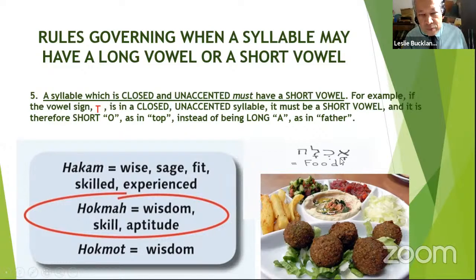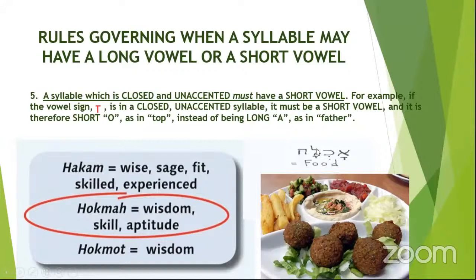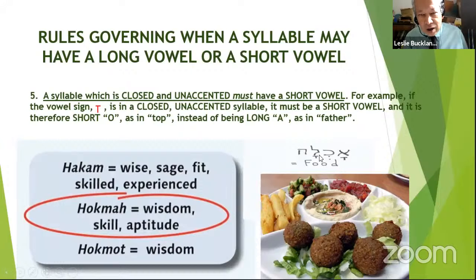So in a word in which you have two symbols that look exactly alike, we see that this rule, rule number 5, tells us that this symbol here is the short O rather than the long A. It is the short O. It is Kames Katuf or Kames Hatuf, the short O. And so it is to be pronounced Okla, O-K-H, Ok, La, L-A-H, Okla, not Akla, because this is a closed syllable.